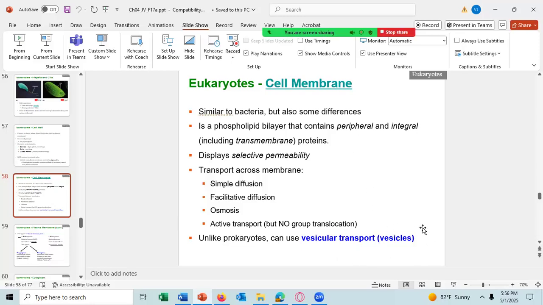Like when a teenager has raging hormones, that can happen by the teenager making the hormones in a vesicle, and then the vesicle will fuse with the cell membrane, dumping the hormones outside the cell.